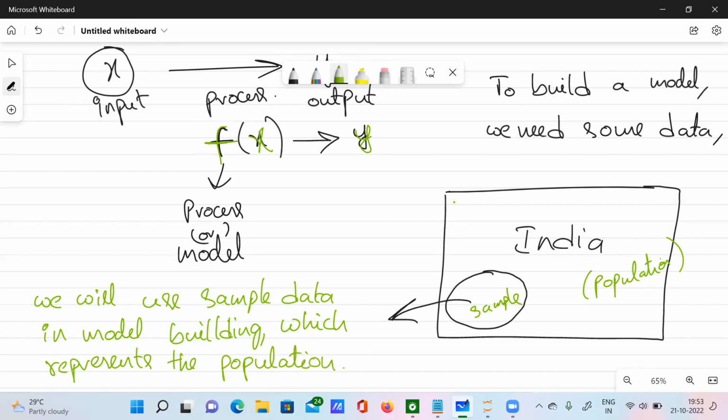This particular sample will represent the whole of India. Why? Because we have taken this sample from the population itself. So this sample will represent the whole of India.